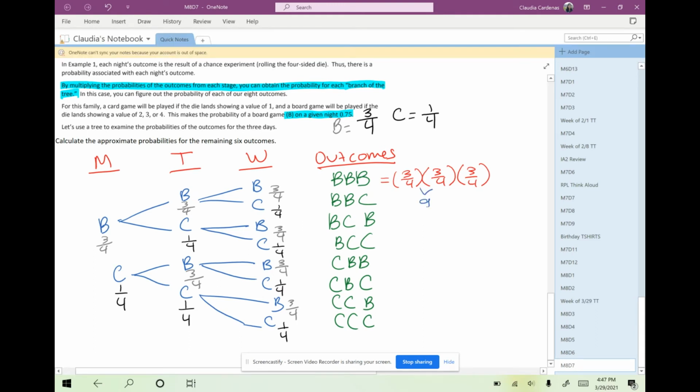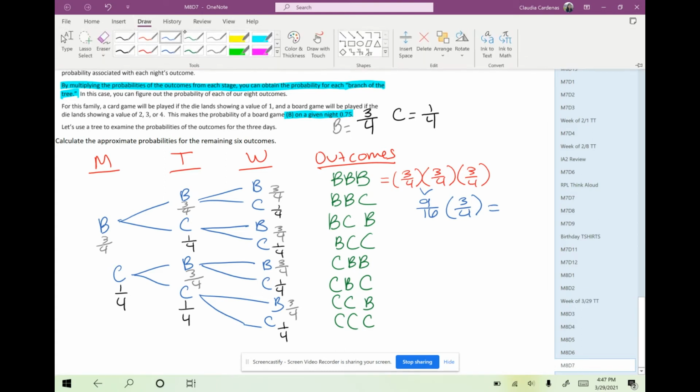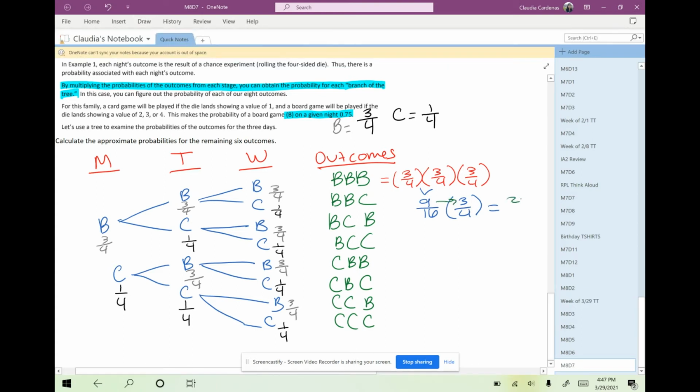So that would be 9/16 times 3/4, which again, if we multiply those straight across, would be 27. And then 16 times 4 should be, I believe, 64. So this is the probability, 27 out of 64, of getting 3 board games in a row.